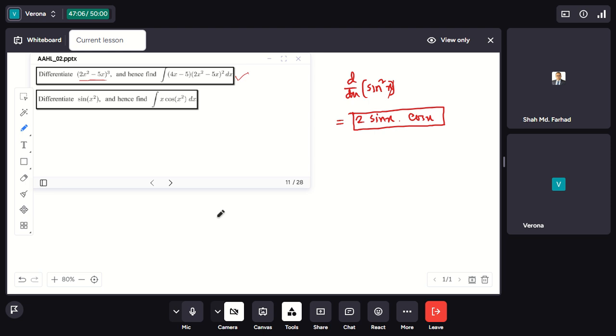No, oh no, there is a mistake here. We have to use this square as x, right? So it will be cosine x square, then 2 times x. So it is 2x cosine x square.